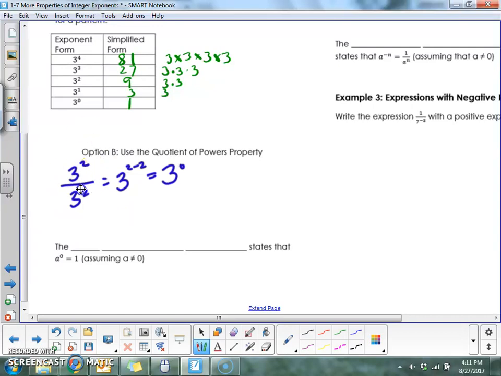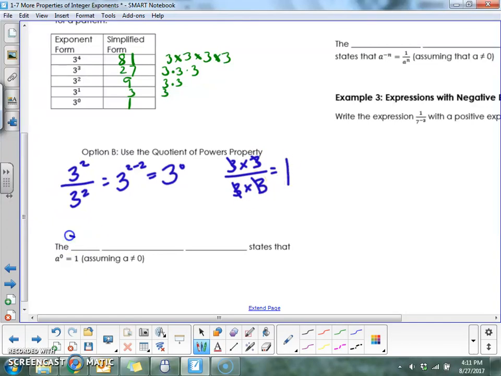When you write this out in expanded form, it's 3 times 3 over 3 times 3. Since there's an even amount on both top and bottom, they cancel each other out, leaving us with 1 over 1, or just 1.